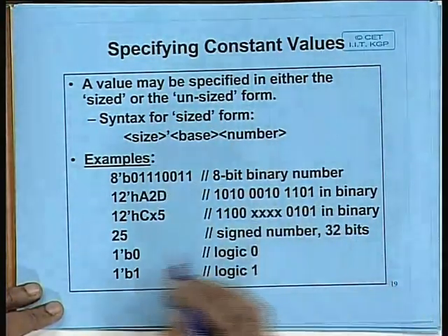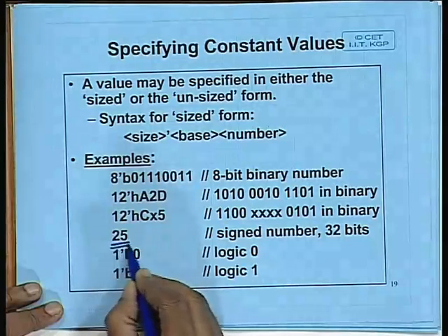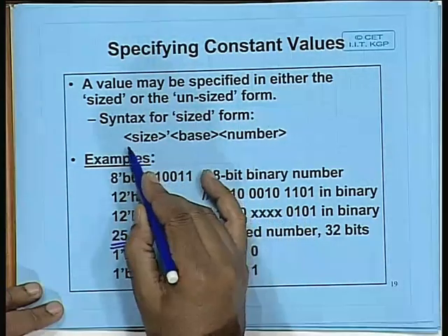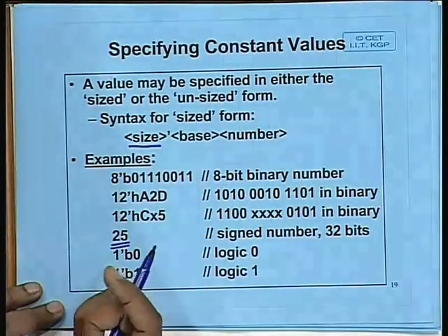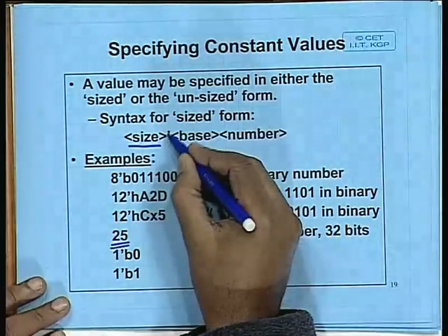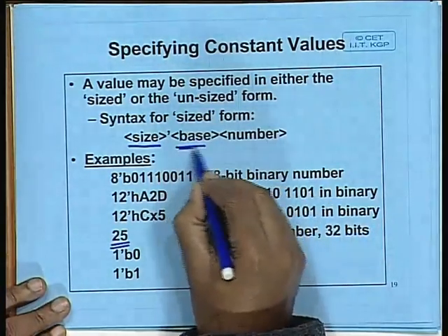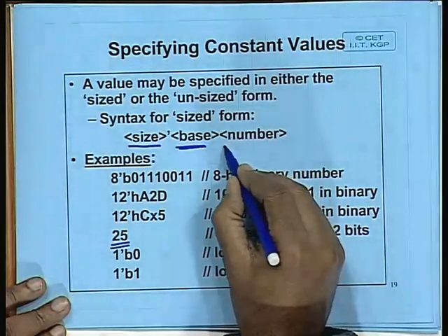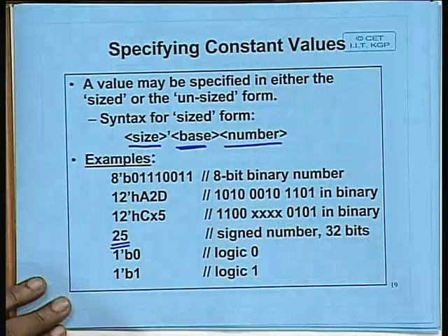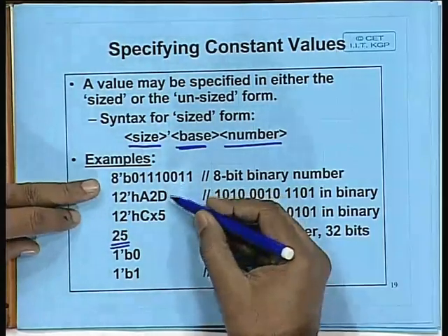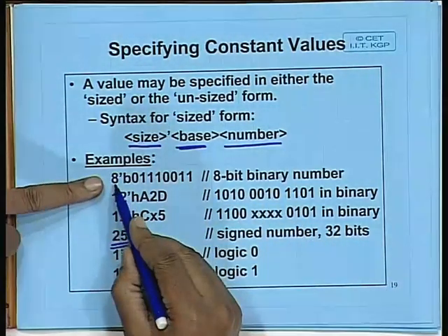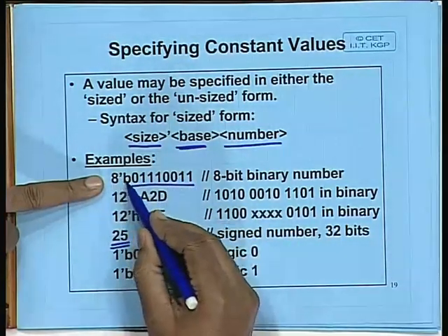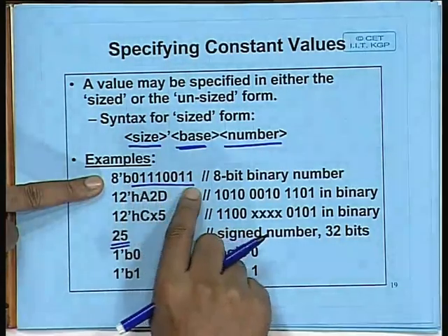A constant value you can specify by simply specifying the value 25, for example, or you can specify the size in terms of the number of bits, then an apostrophe, then the base, which can be binary or hexadecimal, and the actual number. There are different ways of doing that. See, 8'b means this is an 8-bit binary number and this is the value.